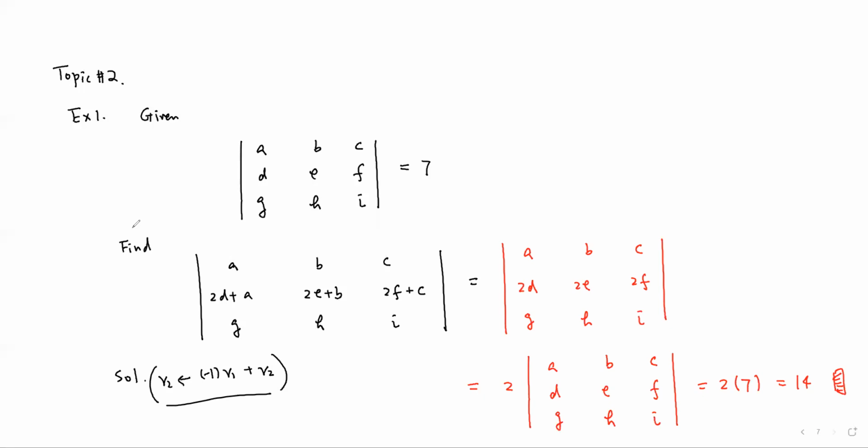This is example 1. Example 2. Use the determinant to decide if the following vectors are linearly independent.